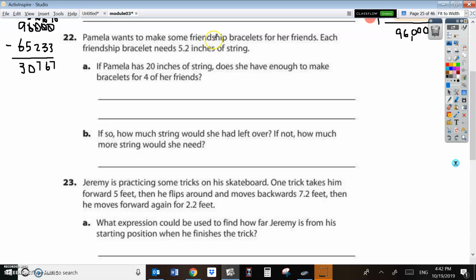Pamela wants to make some friendship bracelets for her friends. Each friendship bracelet she needs is 5.2 inches of string. If Pamela has 20 inches of string, does she have enough to make 4 bracelets for her friends? No. Because there are 4 friends, so times that by 5.2.